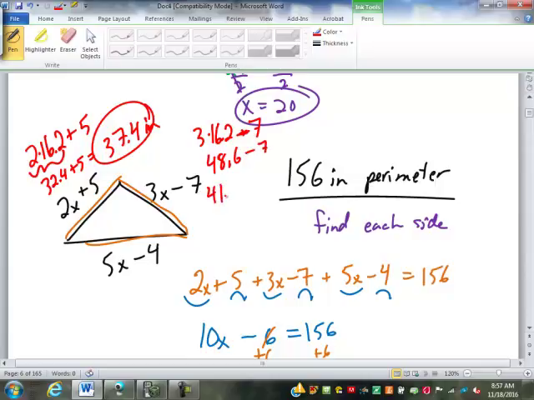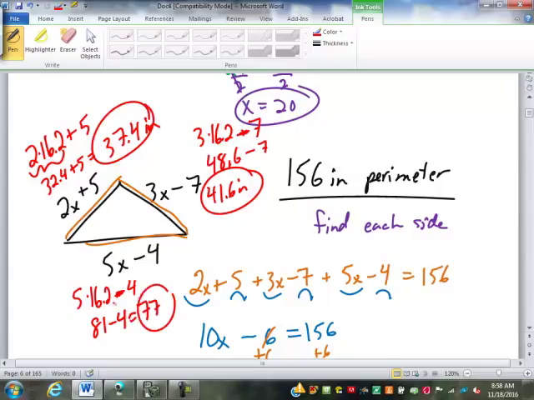Minus 7 is 41.6 inches. 5x minus 4 is 5 times 16.2 minus 4. 5 times 16.2 is 81. Minus 4 is 77. If I add those all back up, I should get 156. And it looks like I do.